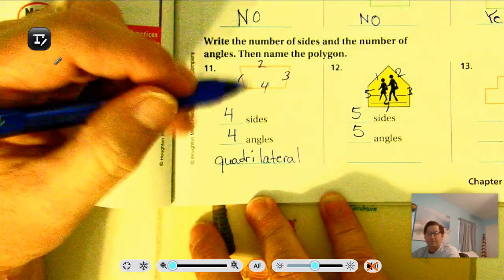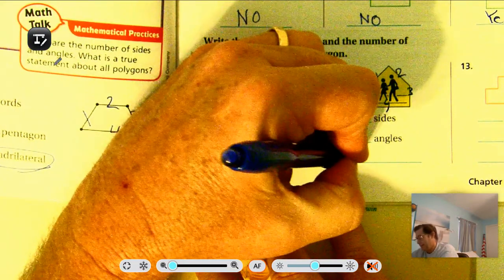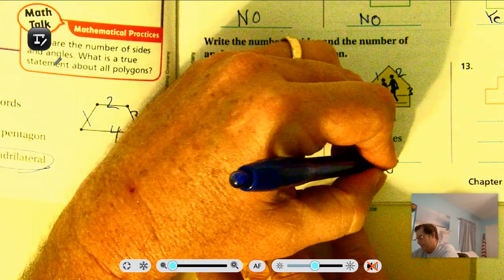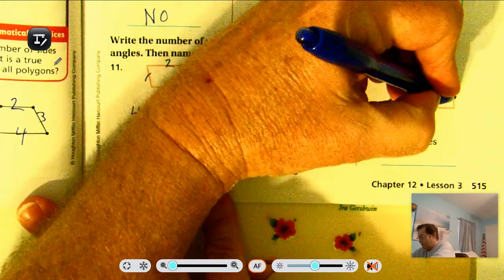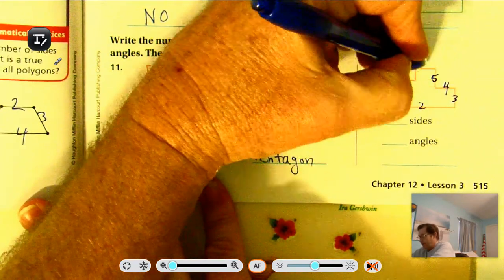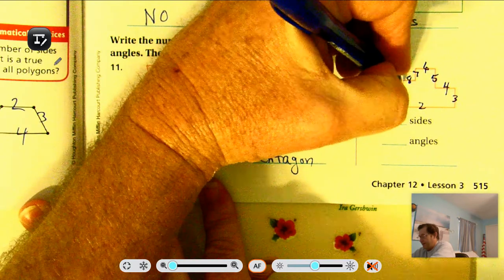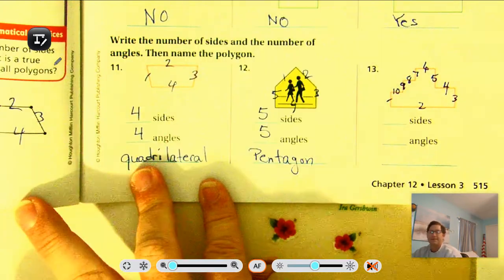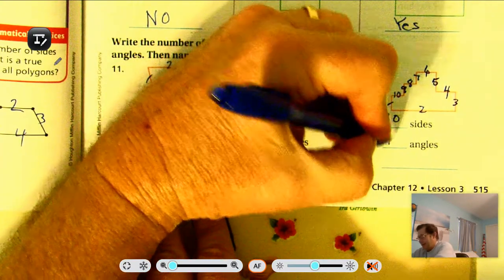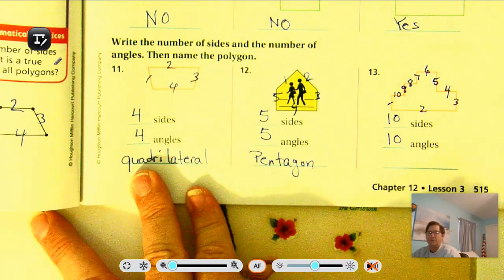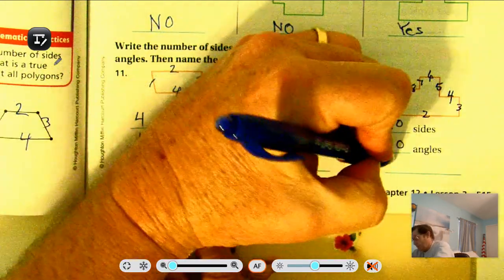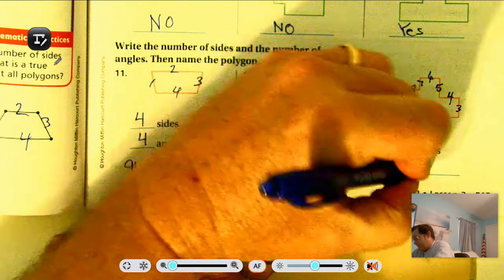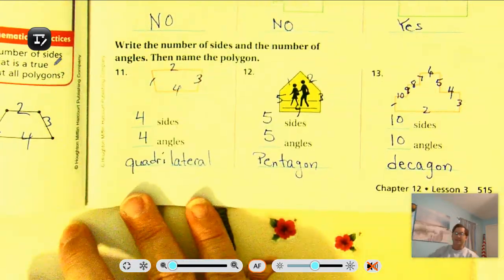Anything with a 5-sided figure is called a pentagon. How about number 13? 1, 2, 3, 4, 5, 6, 7, 8, 9, 10. 10 sides, 10 angles. The prefix DEC means 10, like in a decade, meaning 10 years. So decagon, 10 sides.